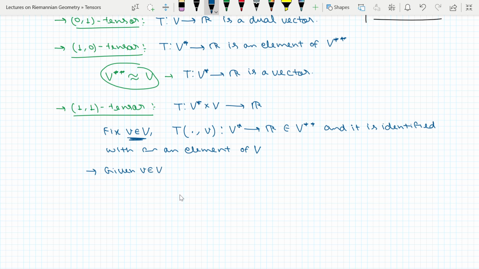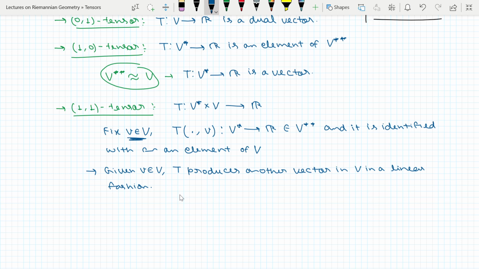So what I have done here is, if you are given an element from the vector space V and your 1-1 tensor T, then that 1-1 tensor T produces another vector in V in a linear fashion, because it is still linear.